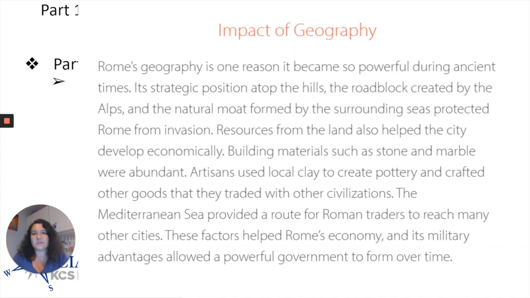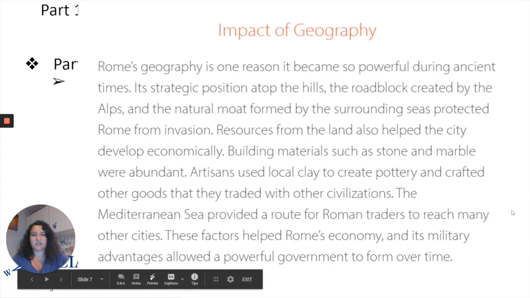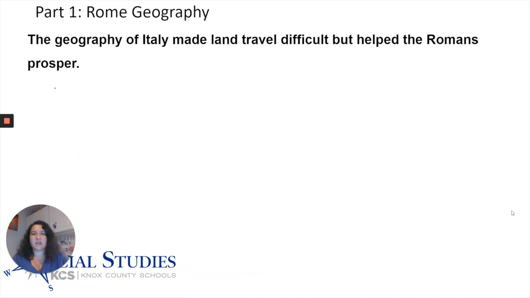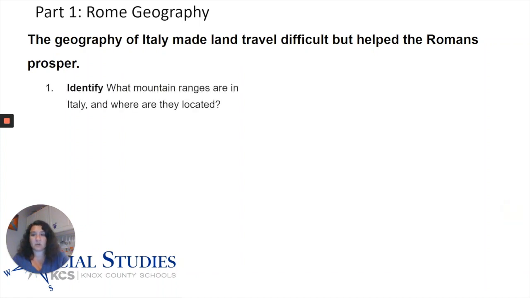Now that we've read this paragraph about the impact of geography, let's answer a couple of questions. Remember, you can stop the video and go back to that text if you need to. So the main thing we're looking at is the geography of Italy made land travel difficult, but helped Romans prosper.